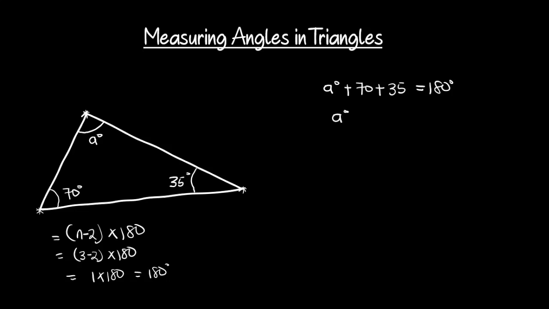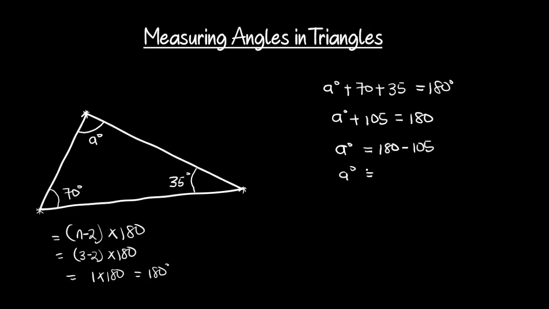So I have my A plus 70 plus 35, which gives me 105, and this is equal to 180. So I maintain my A, and I send the 105 to the other side of the equal sign, so it becomes minus 105.